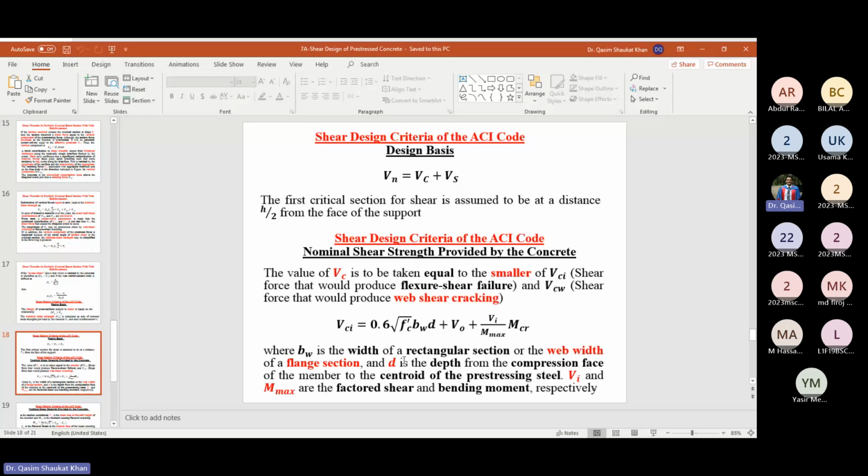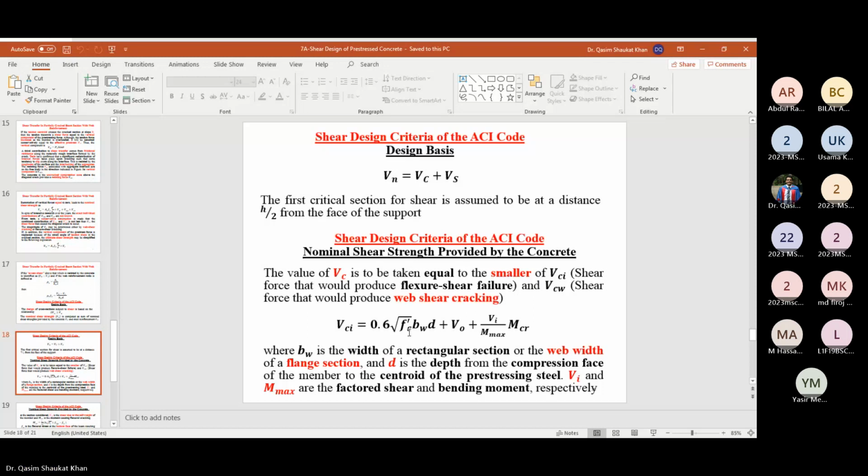So VCI is equal to 0.6 times under root FC prime into BW into D. D is the effective depth, from the compression force to the point of the pre-stressing steel. BW is the width of the web part.